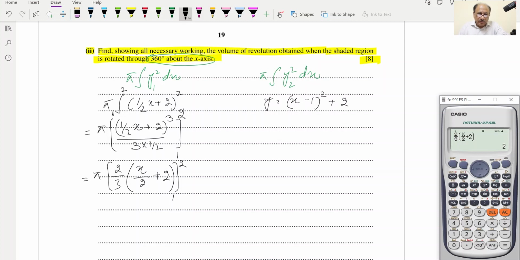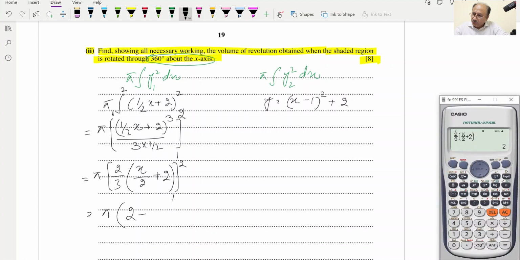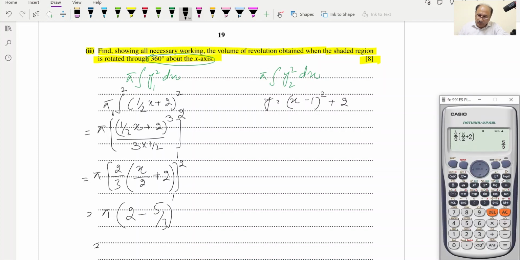So we can write this as pi into 2 minus, and if we calculate for x is equal to 1, this will be equal to 5 by 3. So we can write this as 2 minus the answer is equal to 1 by 3.